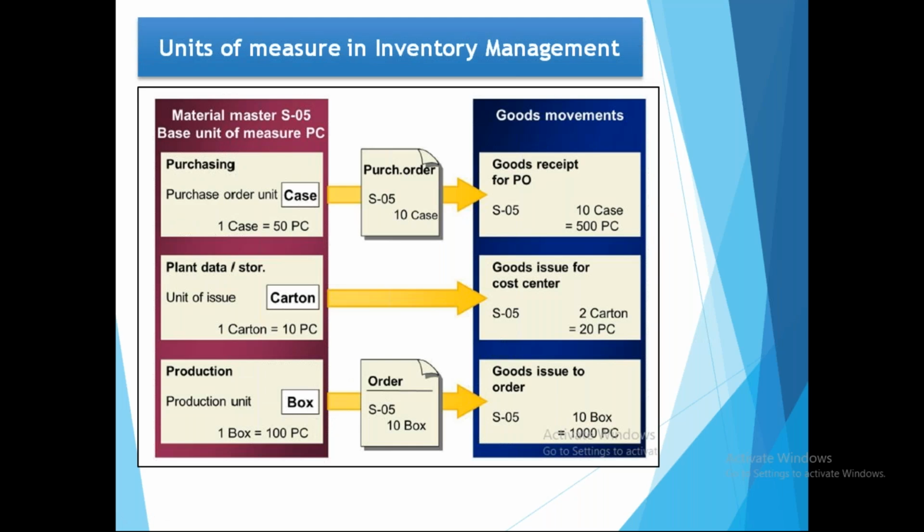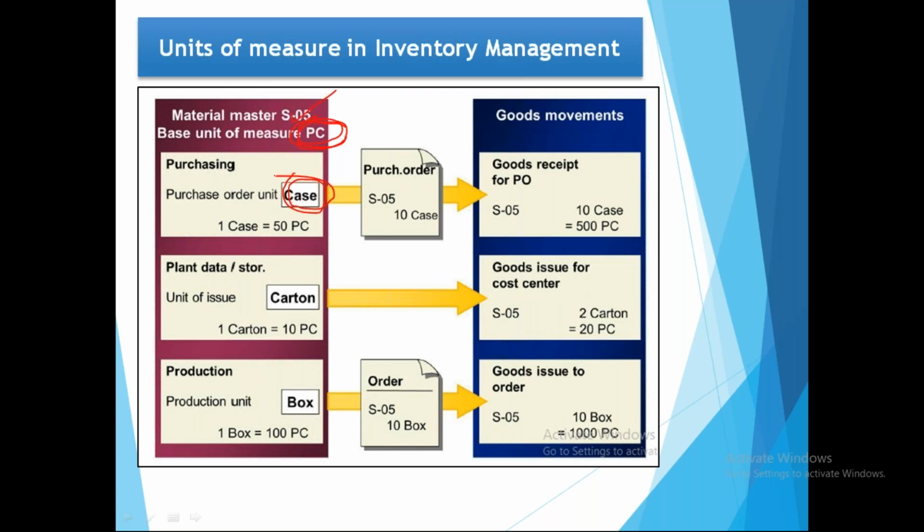Now we'll discuss the units of measure in inventory management. Sometimes even though you manage the stock in pieces, when you issue the PO to a supplier or vendor, you issue it in a case or a carton.